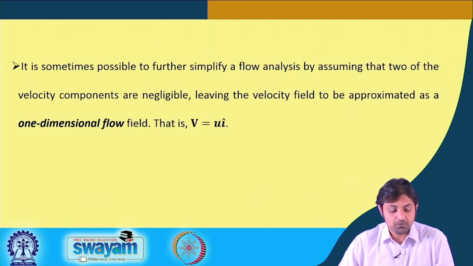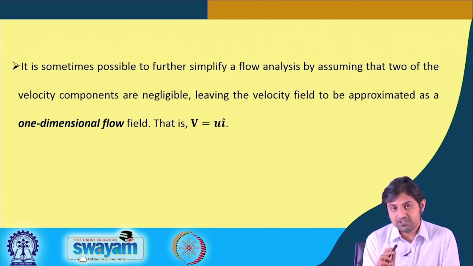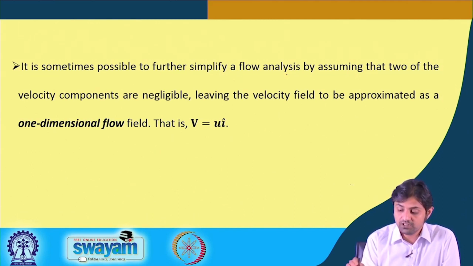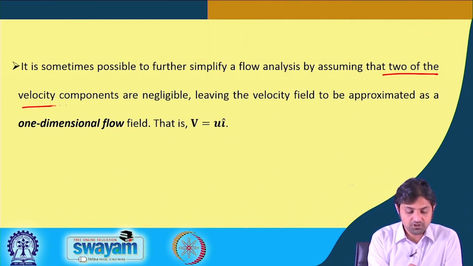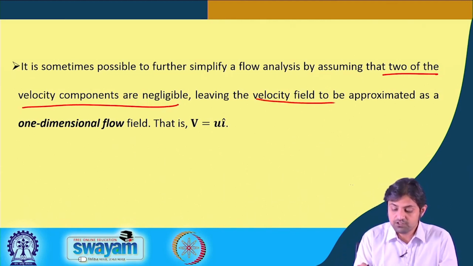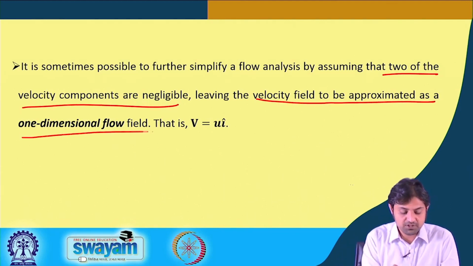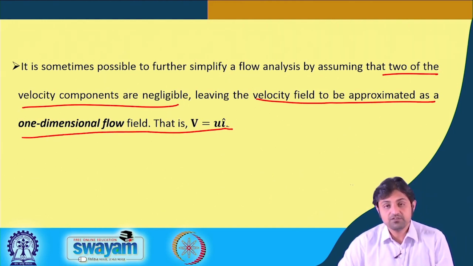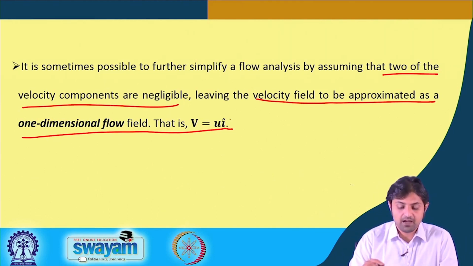It is sometimes possible to further simplify a flow analysis by assuming that two of the velocity components are negligible. We saw that one component was negligible, but there can be situations where two of the velocity components are negligible, which would leave the velocity field to be approximated as a one-dimensional flow field, that is V is equal to u i cap.